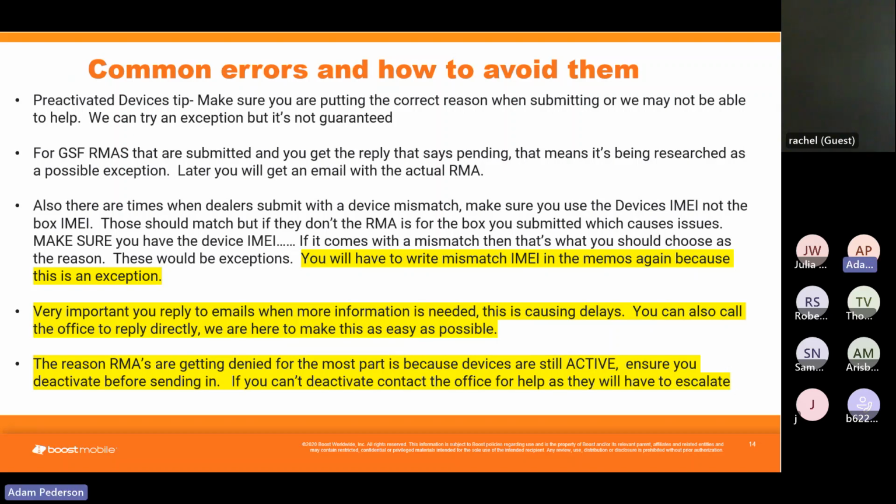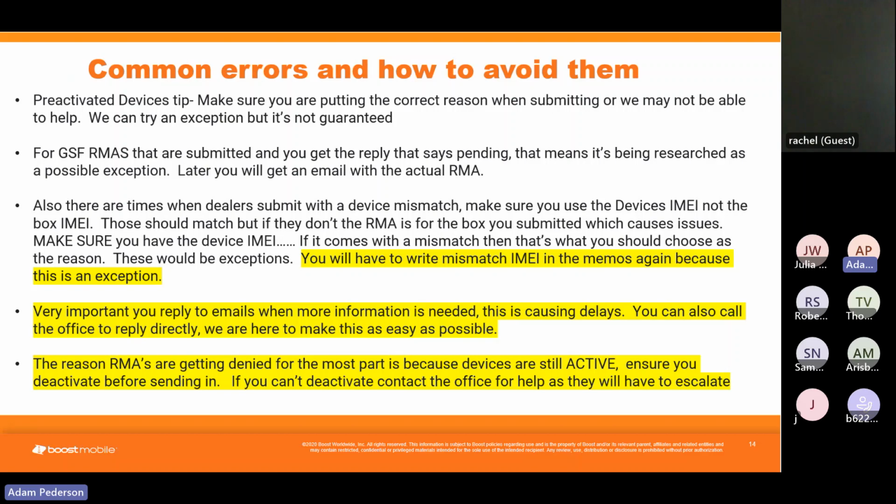Also, there are times when dealers submit with a device mismatch. Make sure you use the device IMEI, not the box IMEI, because sometimes devices get moved around. If you take one out of the box to do a software update, maybe it finds its way into the wrong box. They should match, but if they don't, the RMA is for the box you submitted, which causes issues.